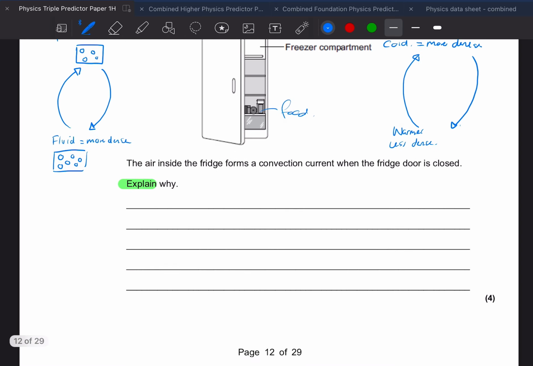So let's try and explain this. The air inside the fridge forms a convection current when the fridge door is closed.